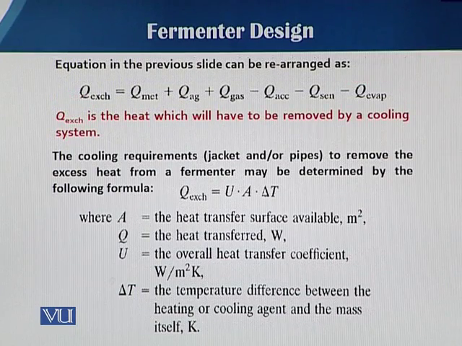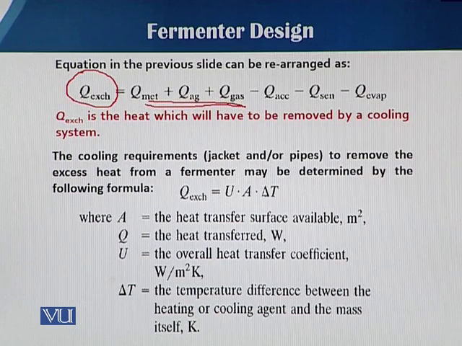Just by rearranging the previous equation, you can see these three factors which add heat into the system, and these three factors which contribute to heat exhaust from the system.